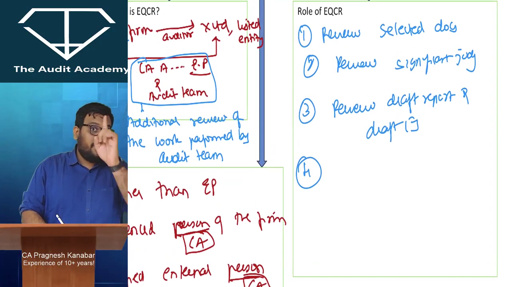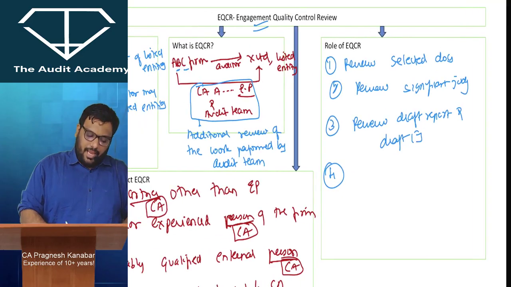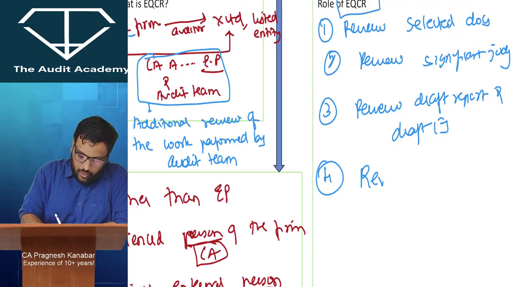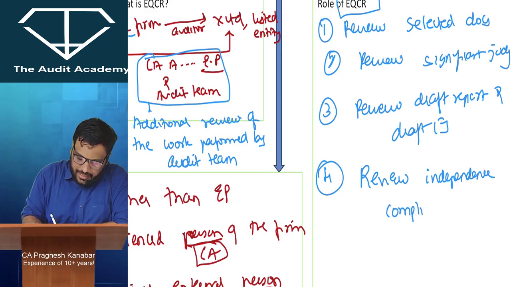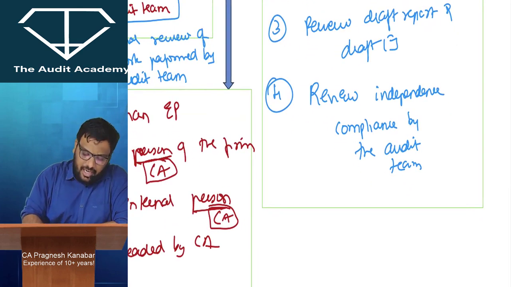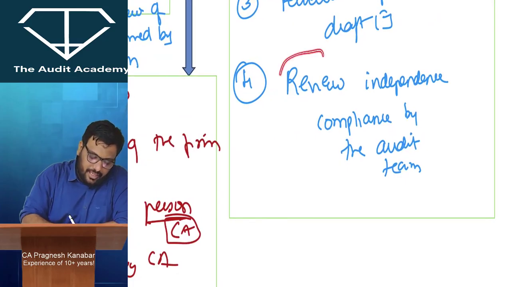Then listen to me very carefully. The engagement quality control reviewer will also review independence compliance by the audit team. That means whether the engagement partner had actually assessed the independence of the team and whether the team has actually complied with that or not, this will also be reviewed.